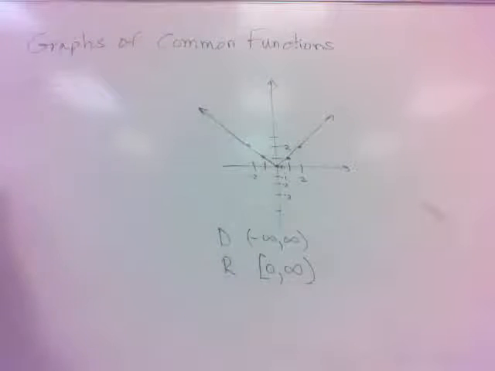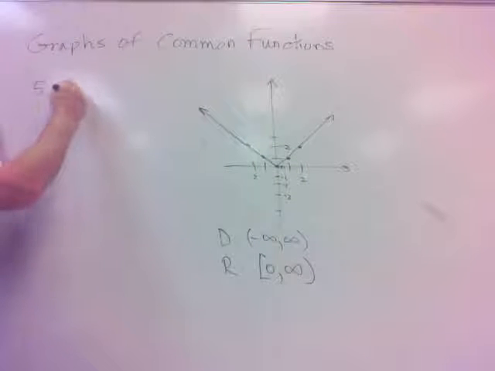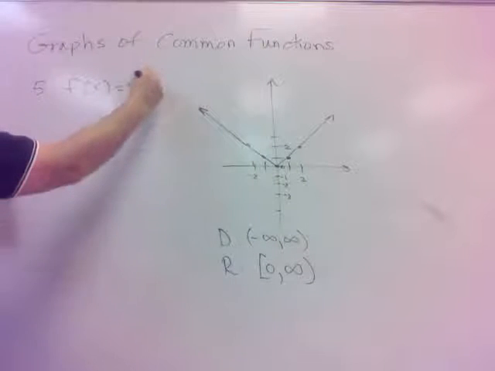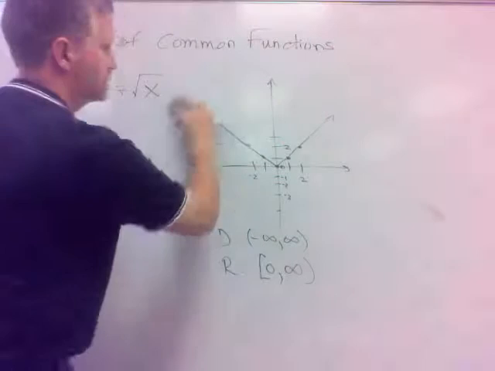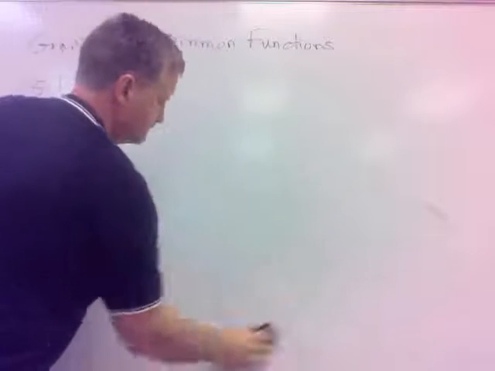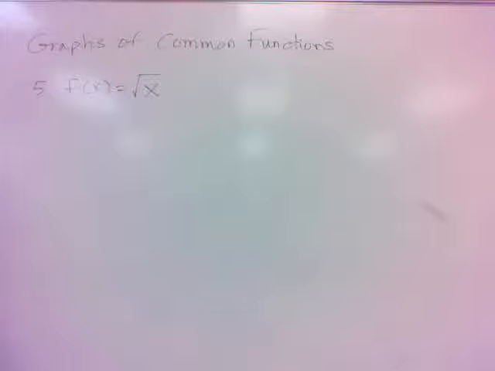Couple more, and I'll be all done here. Number 5. F of x equals the square root of x. Well, this one we kind of run into our first little problem.